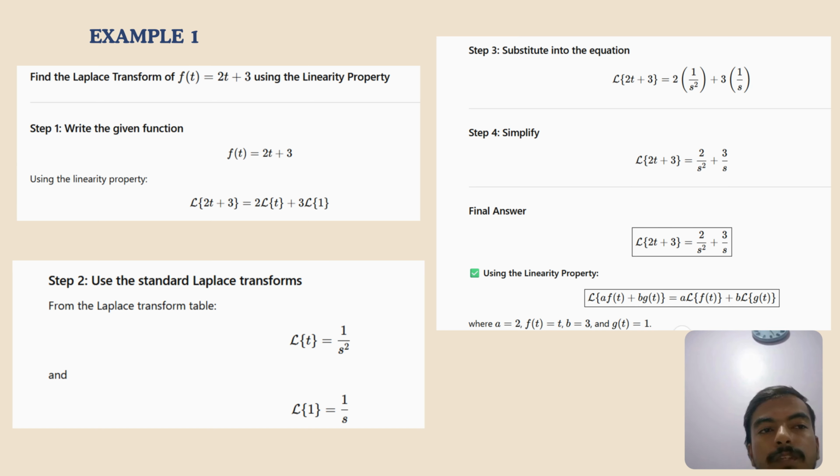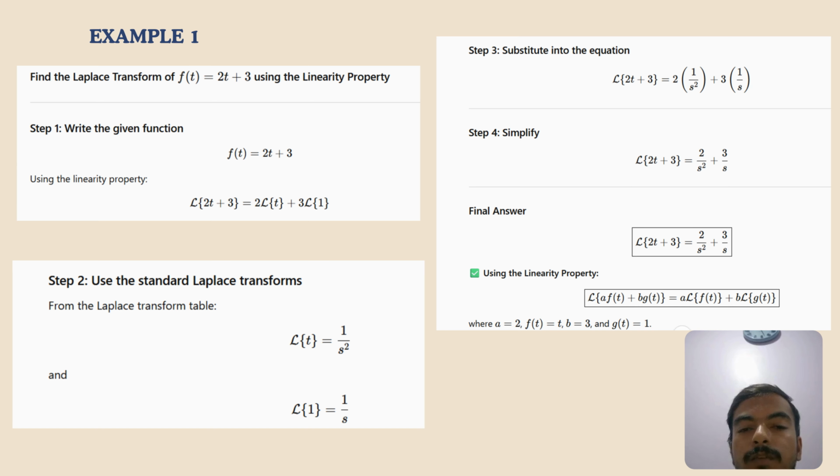After that, step 2 is to use the standard Laplace transform. From the Laplace transform table, as we can see, the standard one is Laplace of t equals 1 over s squared, and Laplace of 1 equals 1 over s. From that, we move to step 3. Step 3 is substitution into the equation. As we can see, the equation is 2t plus 3.